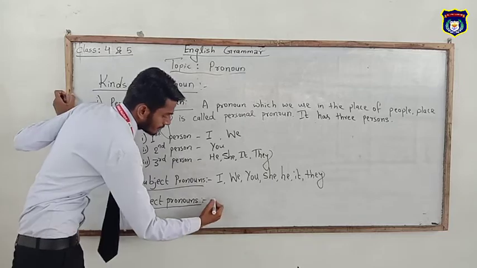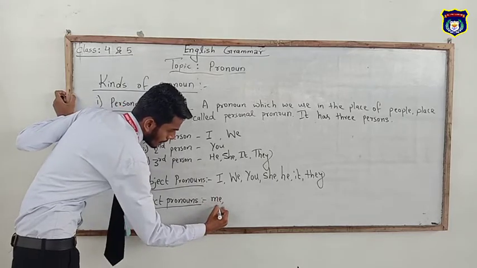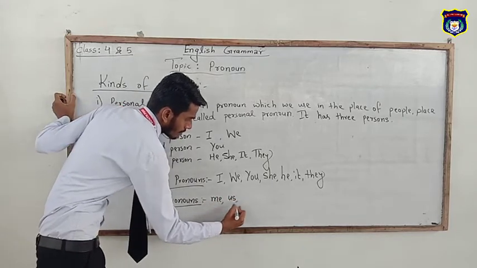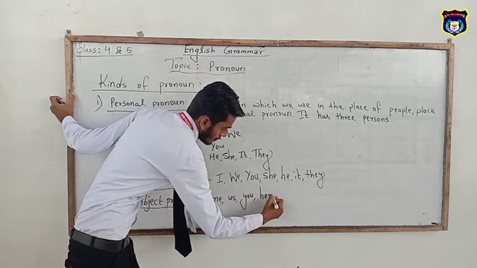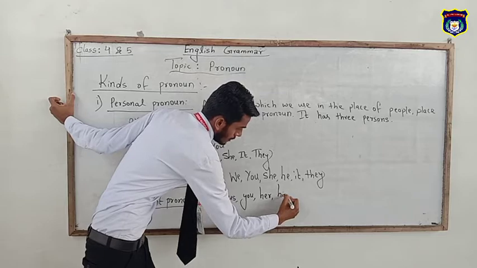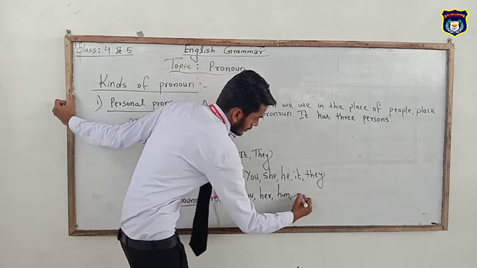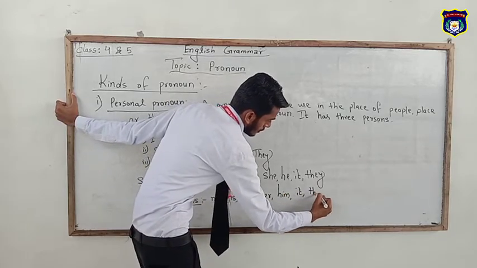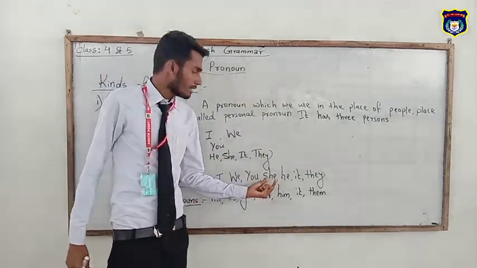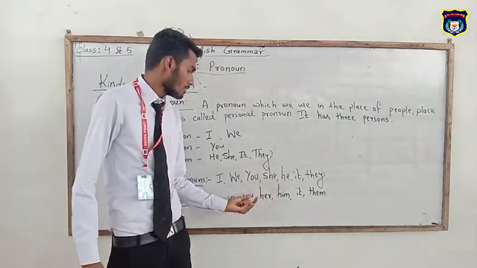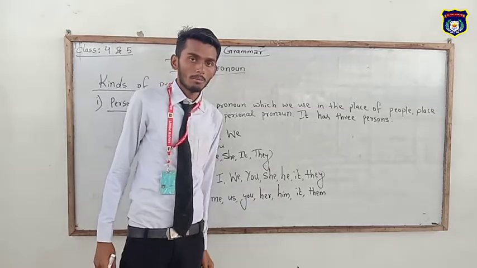It comes me, us, you, her, him, it, them. Subject pronoun comes before the verb and object pronoun comes after the verb or preposition.